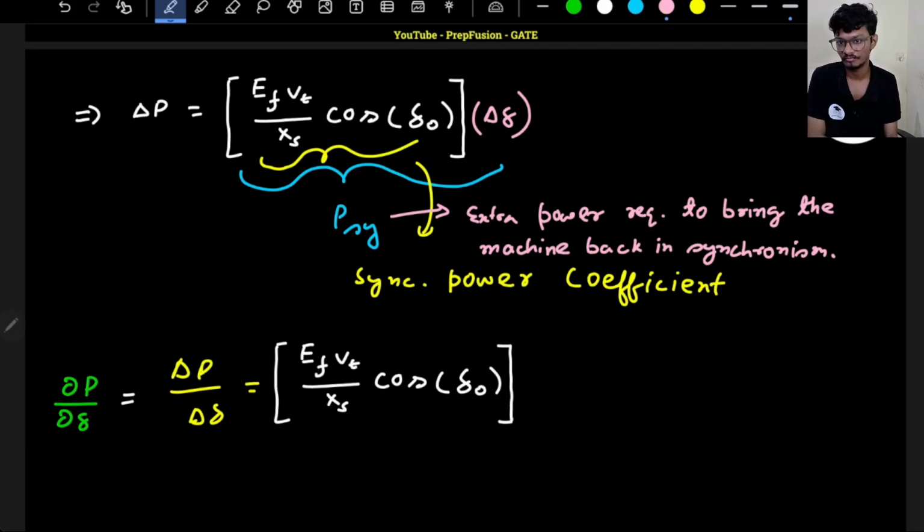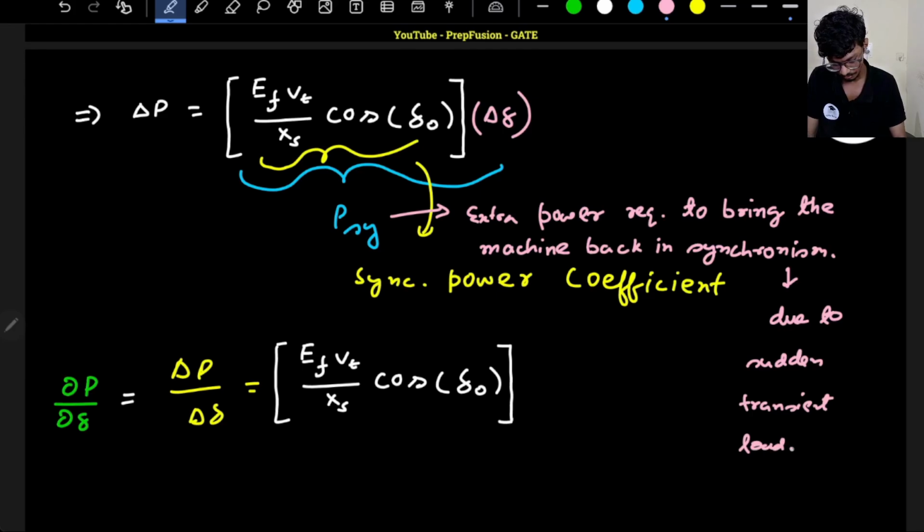Okay, this much amount of power is required, because of sudden transient load.